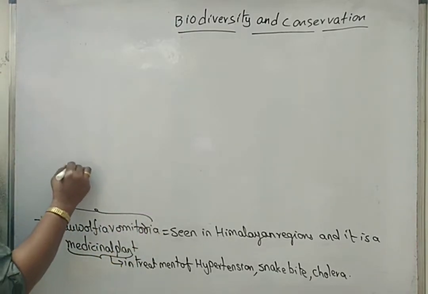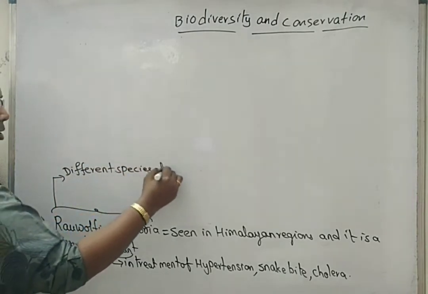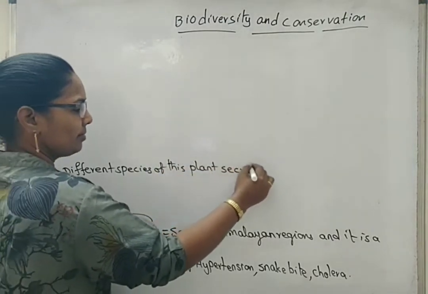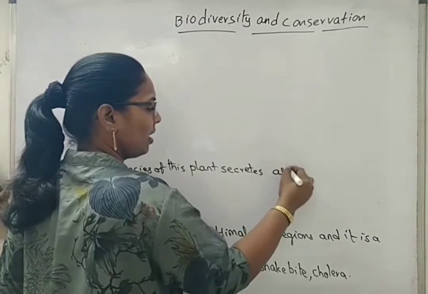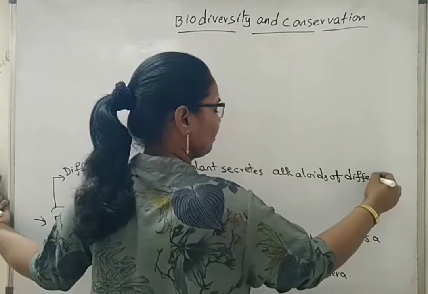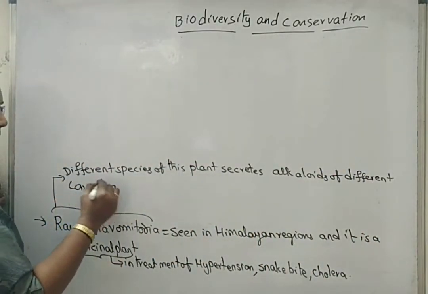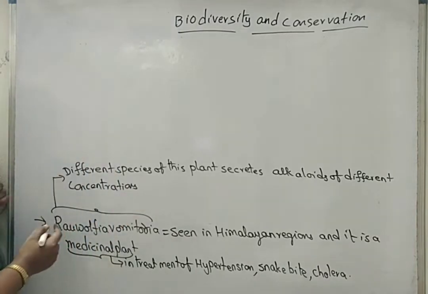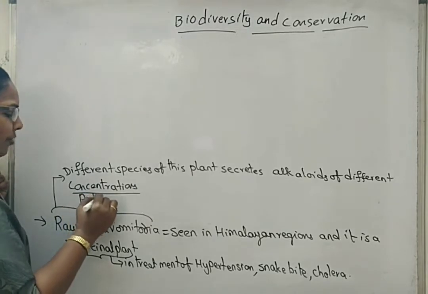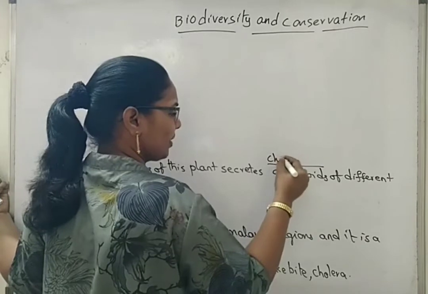We can write here: different species of this plant secrete alkaloids of different concentrations. Here we can also use the term potency of the alkaloid or of the chemical that is secreted by Rauwolfia species.